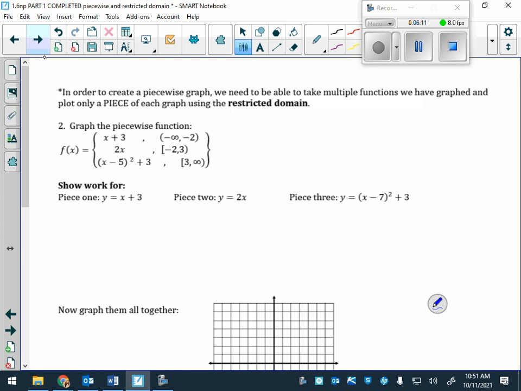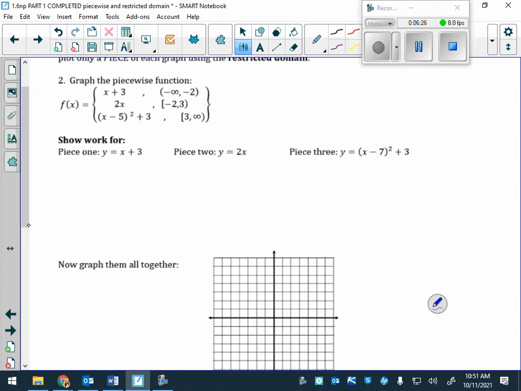Okay, so there's a number of ways you could do this. You could start with the original way, which I've taught before, is create your boundary lines, which are given to you in the domains. But since we've really been just plugging in values, we should start there. Okay, so when we have x plus 3, when the domain is from -infinity to -2, that's also x is less than -2. So I suggest you write down the inequality as well.